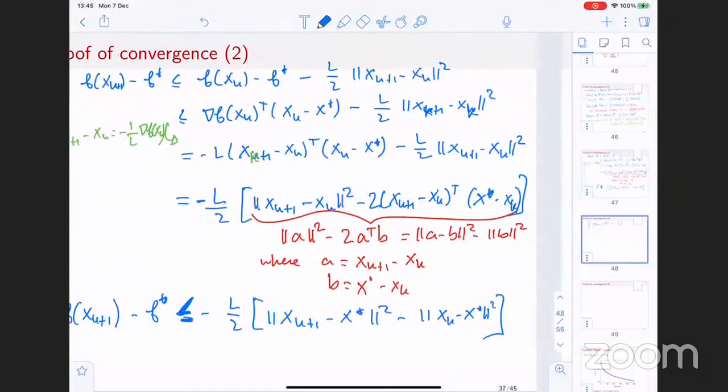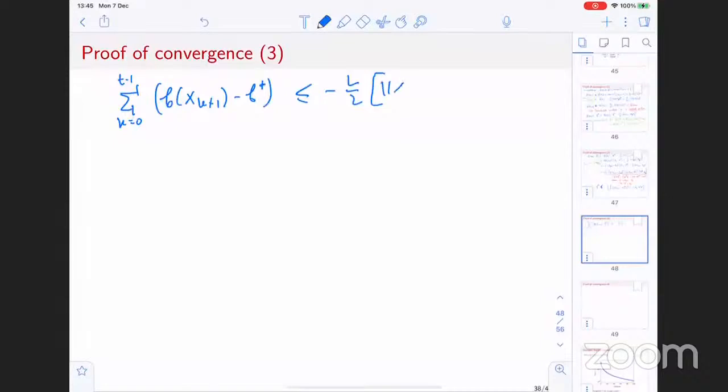So I will just get minus norm of xt minus x star squared minus the norm of x0 minus x star squared, because everything else will cancel. Then I can upper bound this by L over 2 times the norm of x0 minus x star squared.